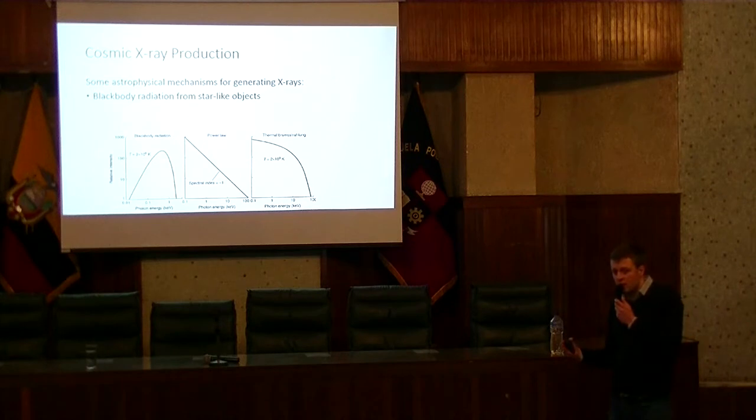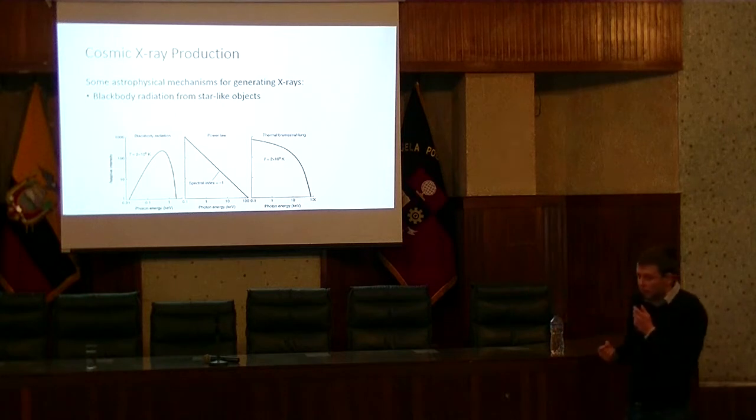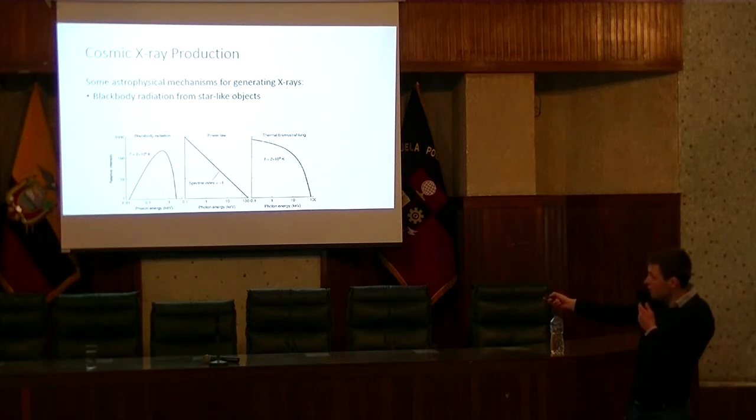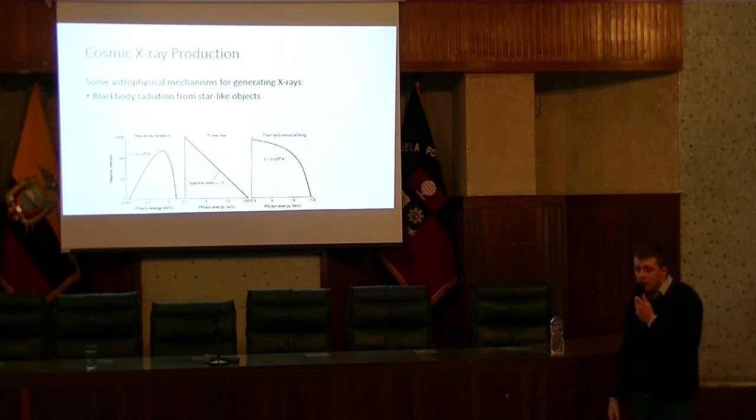Relative intensity can also be measured as counts per second or photons per second, arriving at the camera within a certain energy range here. This is the black body curve for a black body of 2 times 10 to the 6 Kelvin. As the temperature increases, the curve will change.